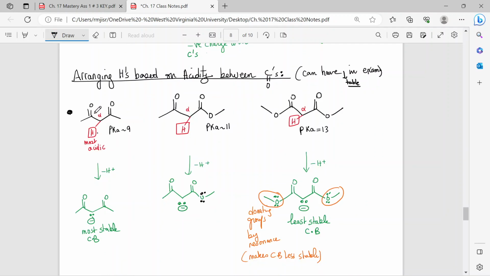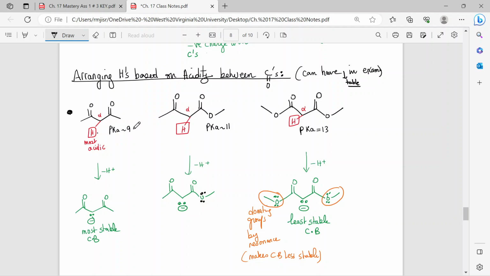An alpha hydrogen between two carbonyls can vary in acidity depending on the type of carbonyls that it is connected to. So the alpha hydrogen between two ketone carbonyls is going to be the most acidic compared to an alpha hydrogen between two esters.